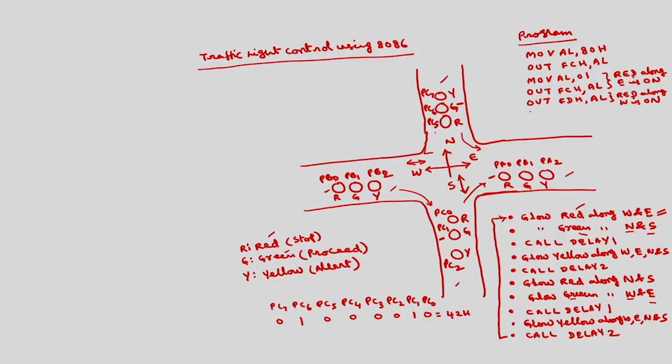If I write MOV AL, 42H and output onto port C, whose address is FEH, comma AL, these instructions will glow green along both north and south.